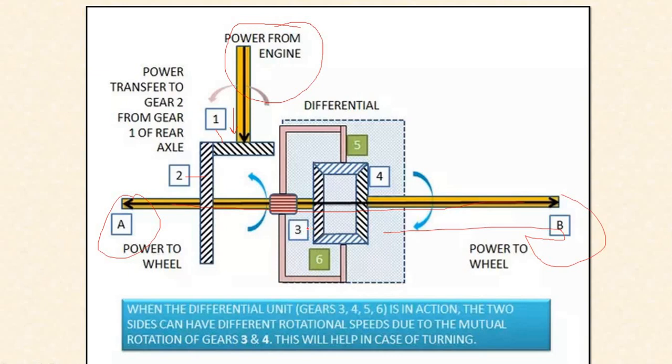The gears are numbered as 3, 4, 5 and 6. So when the differential unit, means the gears 3, 4, 5 and 6, is in action, the two sides can have different rotational speeds due to the mutual rotation of gear 3 and 4. This will help in case of turning.